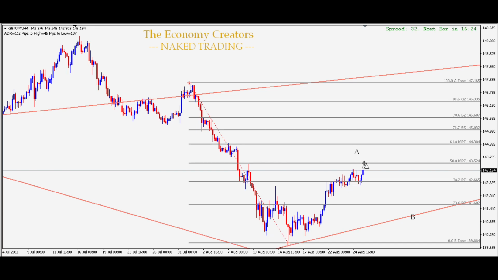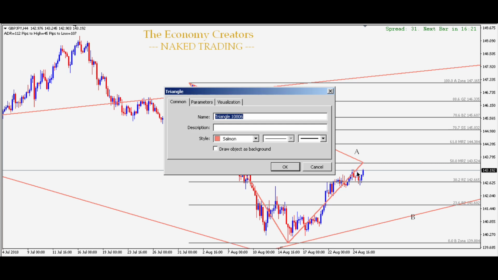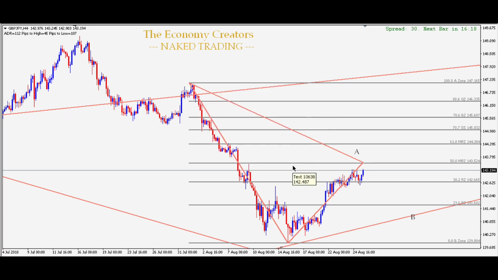Price could come as high as the 50, so I'm going to put that there. That's where A could ultimately end up, or it does not have to, but typically you would want to see price hit somewhere around the 382 or the 50. Price right now is above the 382, going towards the 50. If it clears this out, we're looking for it to hit the 50 before it retraces down.